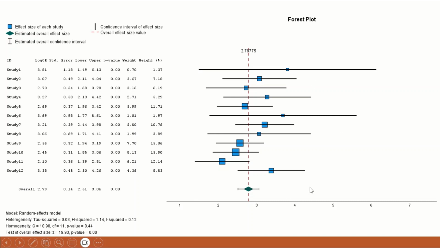This plot was generated in SPSS. The second section here is just a representation of this section here. These blue square symbols represent the effect size, which is the odds ratio for each individual study.